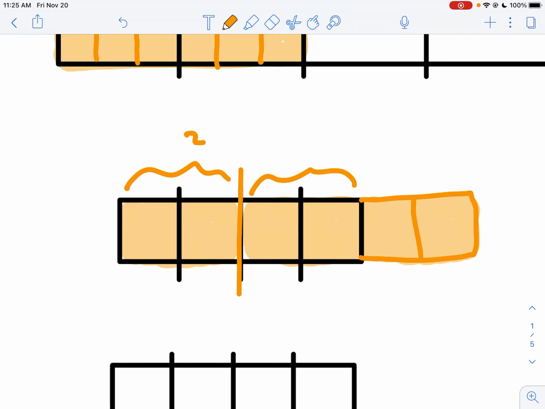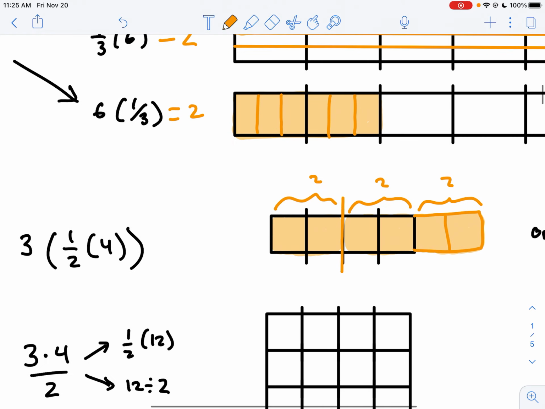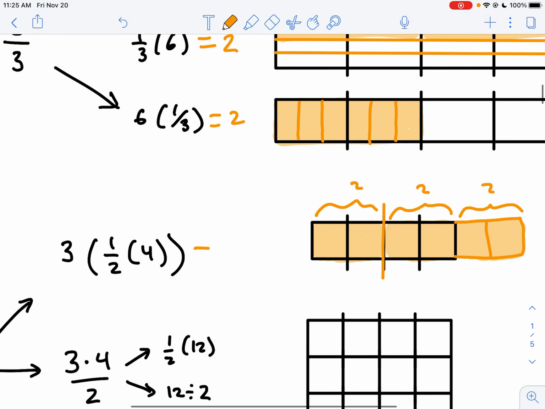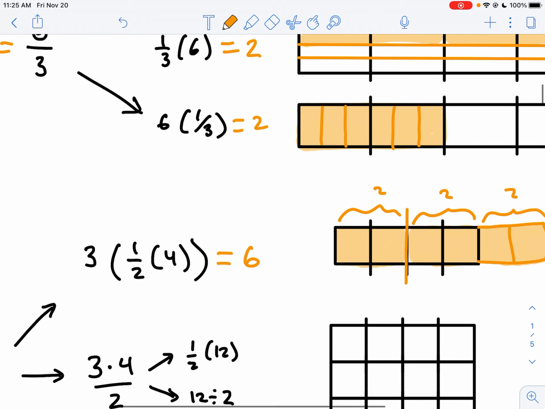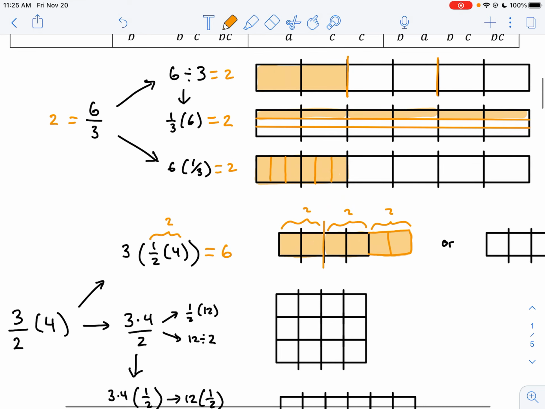So we have 3 copies of 2 essentially, and that gives me a total of 6 units. Remember, each of these was one whole unit. So if you do partitioning of 4 first, you do 1/2 of 4, you get 2, but then you do 3 2s and you wind up getting 6.